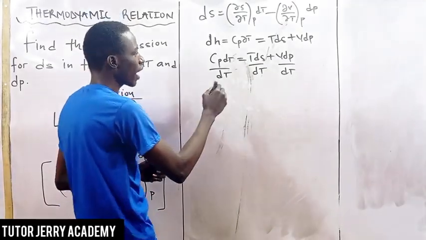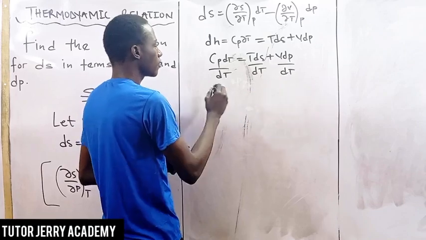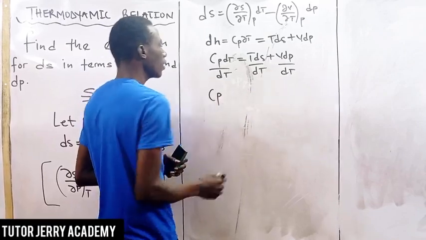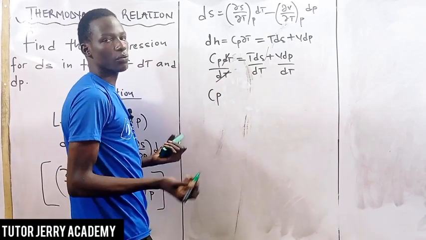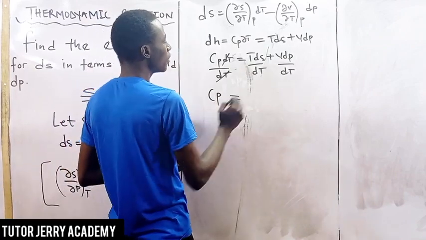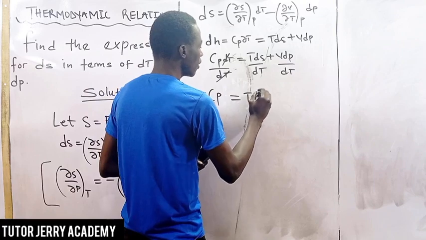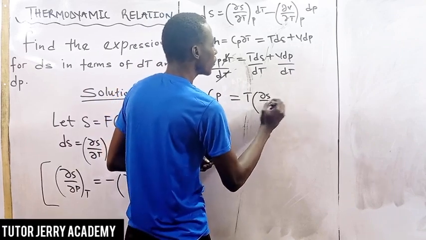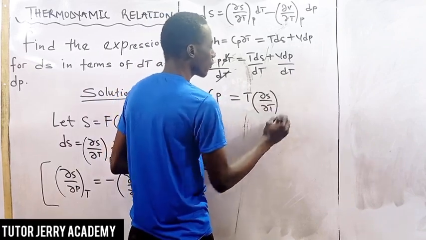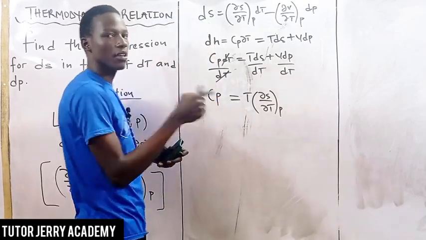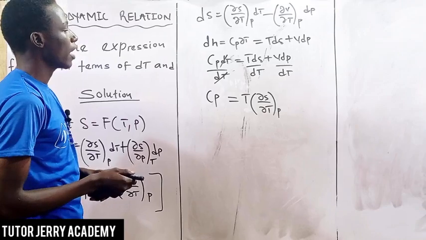So what I am going to have is Cp equals T times the partial derivative of S over the partial derivative of T, keeping P constant.